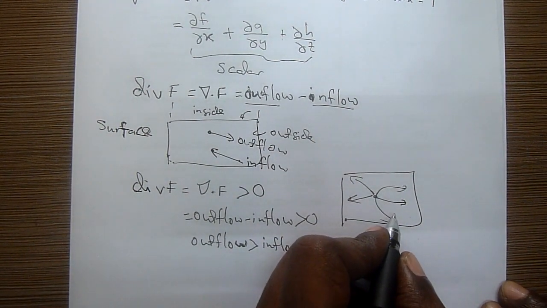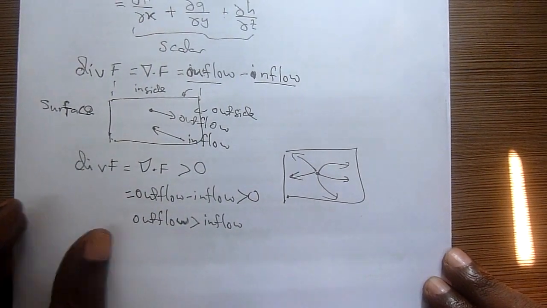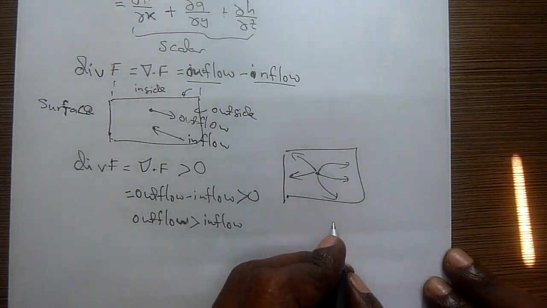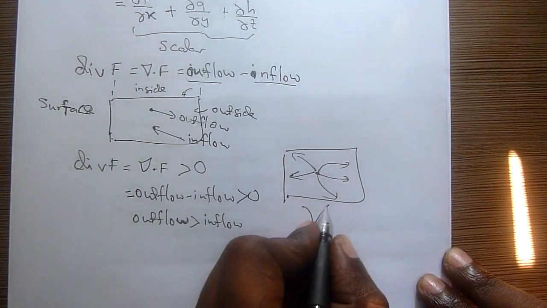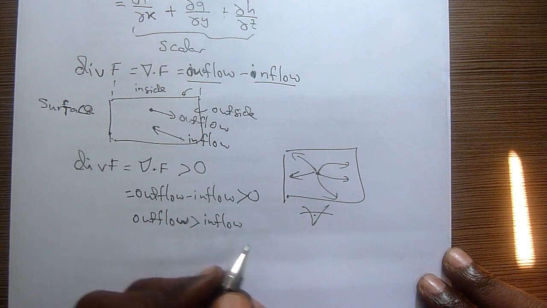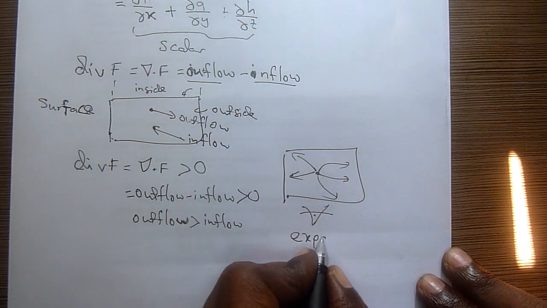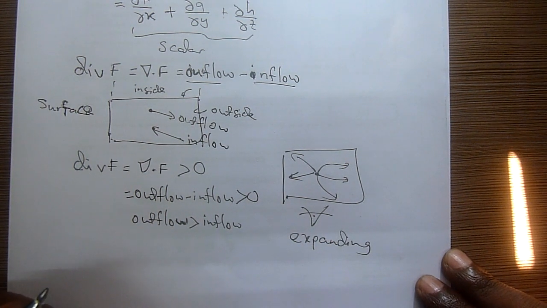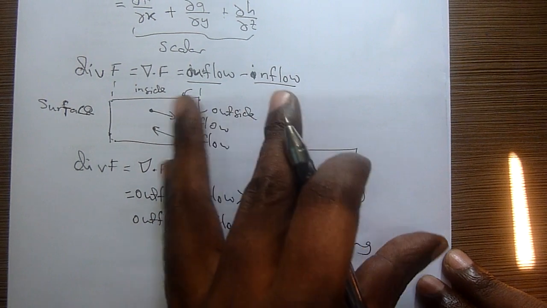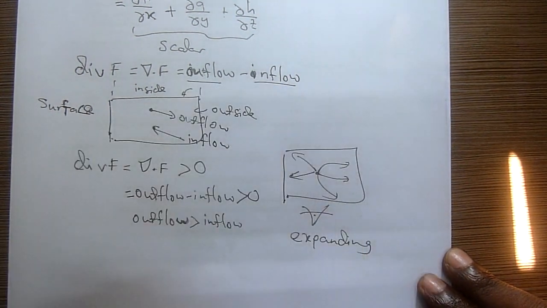In another term, from your eye perspective, when you see this surface, it's a kind of expanding. The things expand from that particular point. You can see water is expanding.